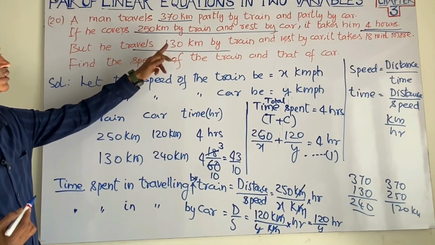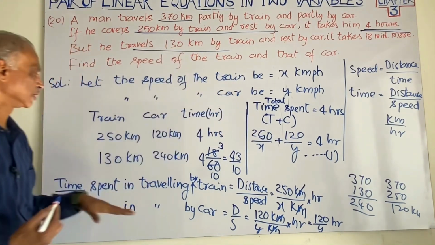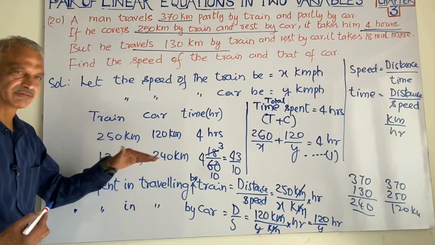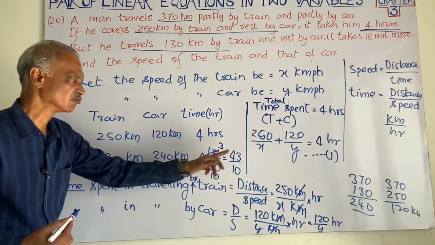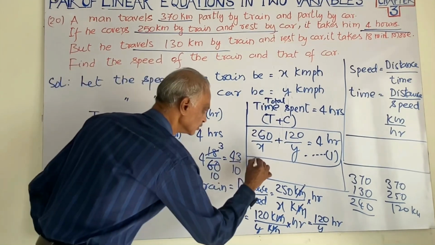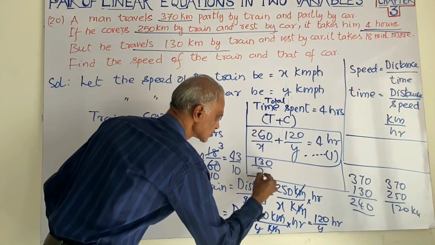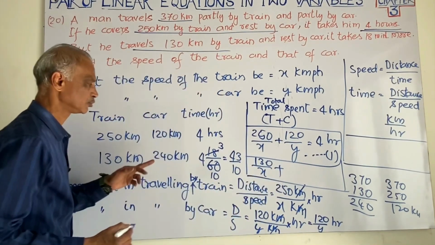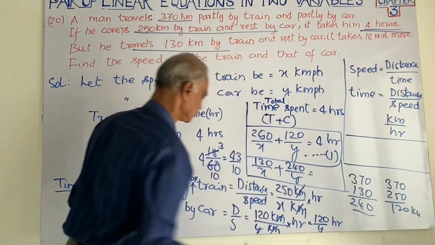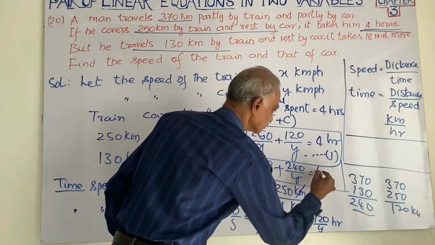You see, 130 kilometers by train and rest by car. 130 by x and 240 by y is equal to 43 by 10. What is the second equation you can write? 130 by x plus 240 by y is equal to 43 by 10.